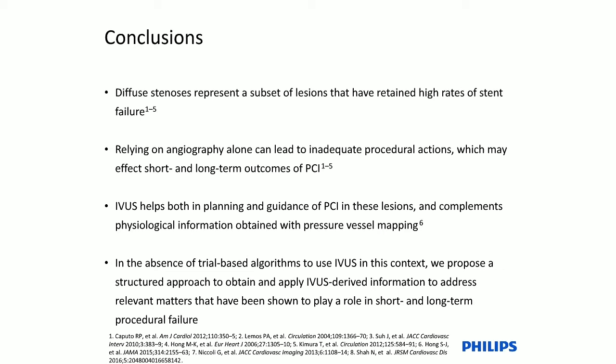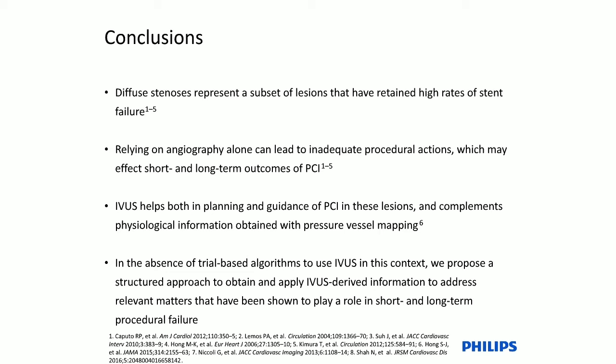So, in conclusion, for this presentation, we have to be aware that diffuse stenoses are lesions that are associated with higher rates of stent failure, that relying only on angiography may lead to inadequate procedural actions, and that this may affect the short and long-term effect of PCI.